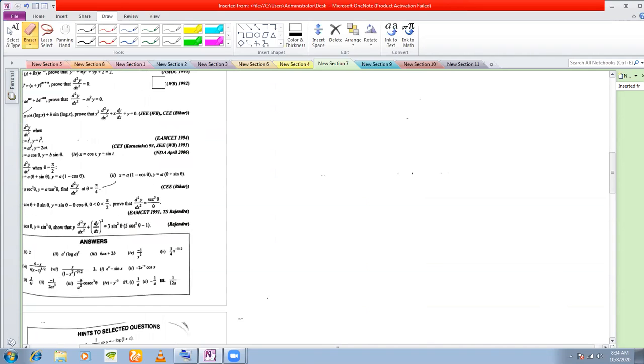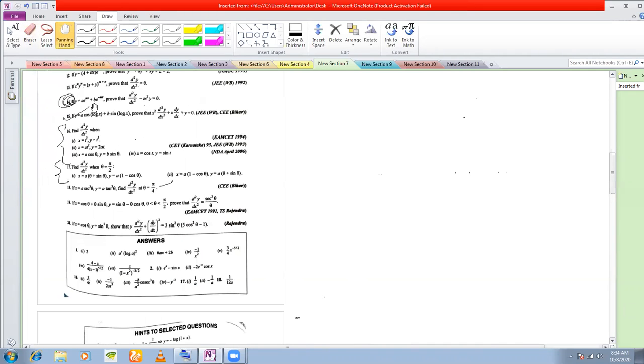Okay, so let us look at 16 part 2. Given here x is equal to at square and y equal to 2at.